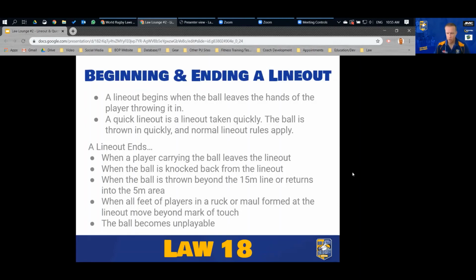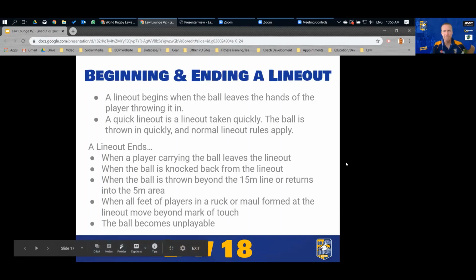That's little things like taking half a step into the field of play when throwing the ball in. If you notice it, have a chat. If they do it again, ping them. Players will certainly expect that if you've talked to them about something already and they do it again, then they will certainly expect to be disciplined.